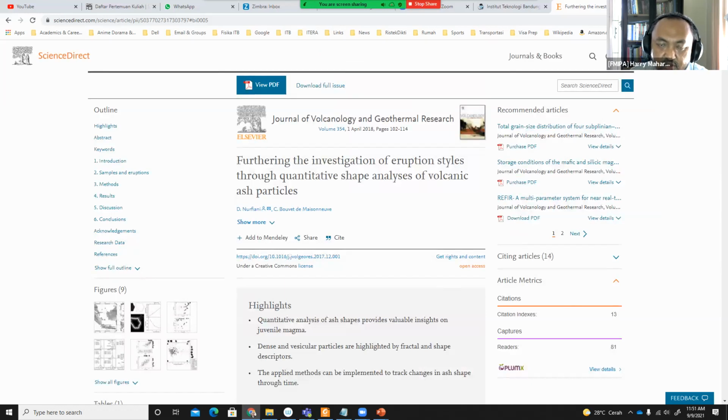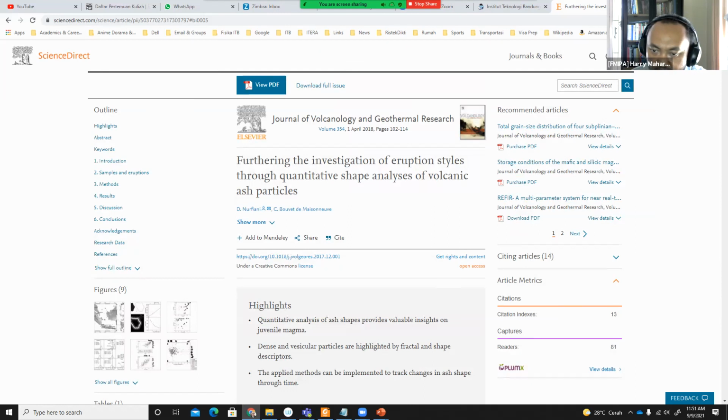This paper was published in 2018, and we are now in 2021. So in the period of 3 years, there should be a paper or two that cite this paper for their own work.